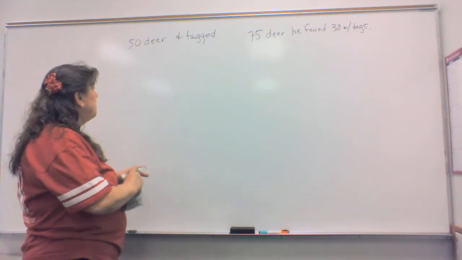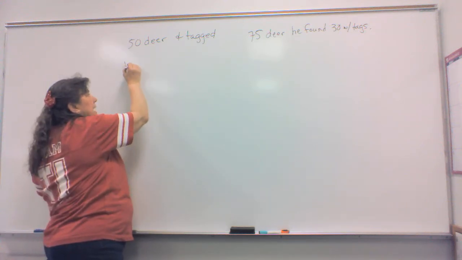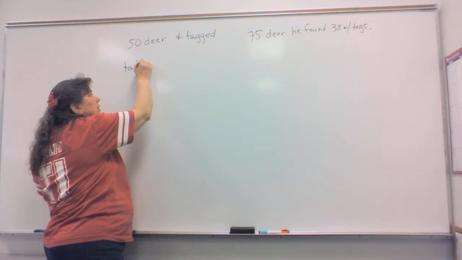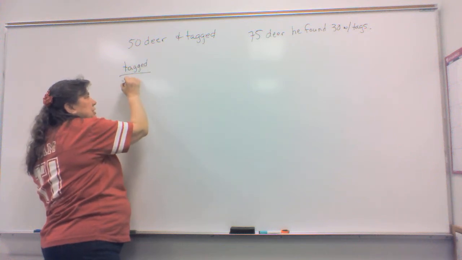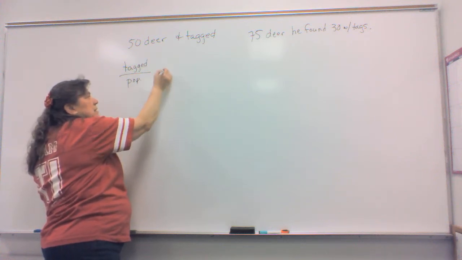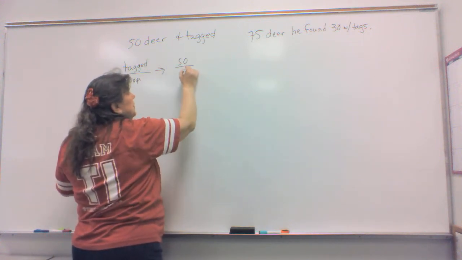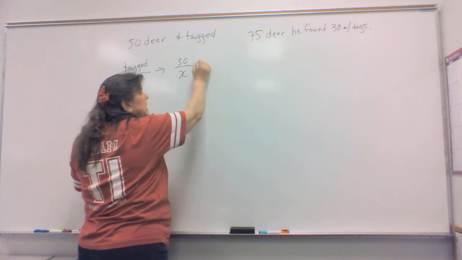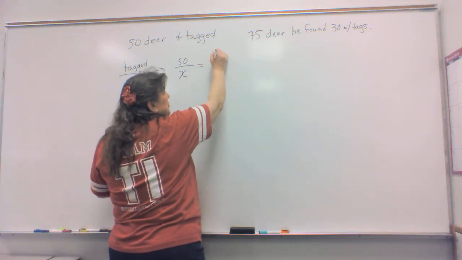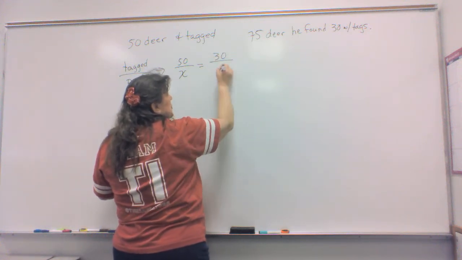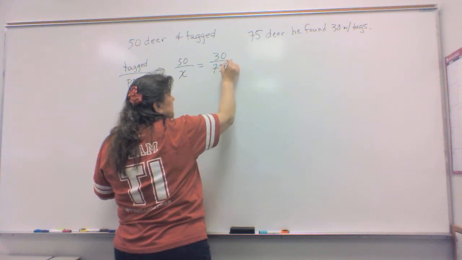So what we're comparing here is tagged deer to the population of deer. So our first one is 50 tagged deer to an unknown population, and this is equal to 30 tags to a population of 75 deer.